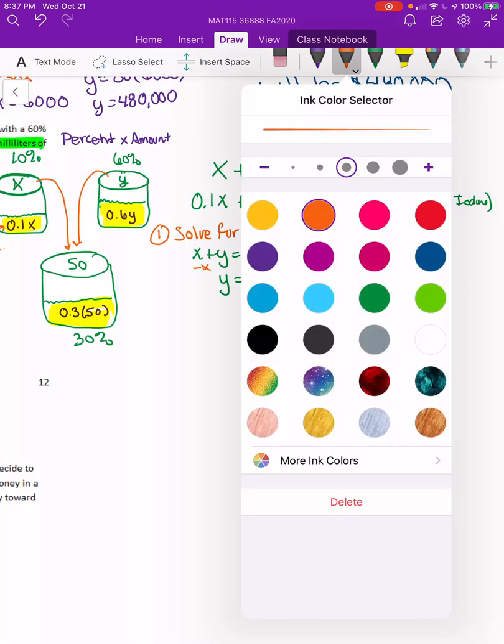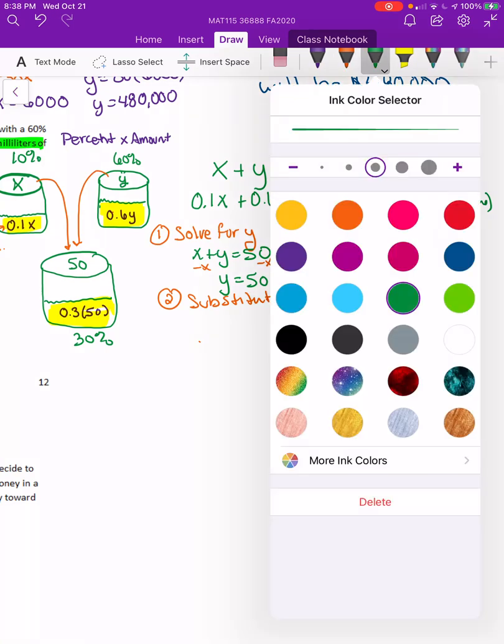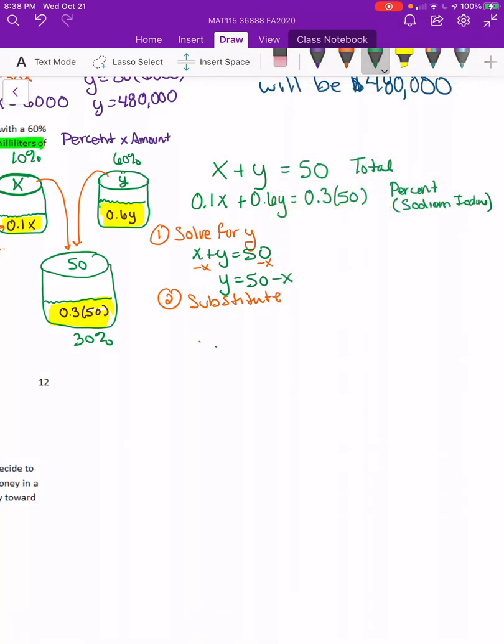Okay, and then remember the second step was to substitute. And it has to go into the other equation. So the other equation, let me write it down, was 0.1x plus 0.6y is equal to 0.3 times 50.